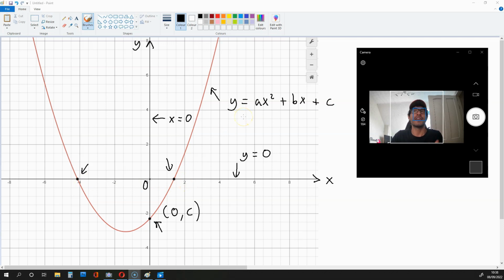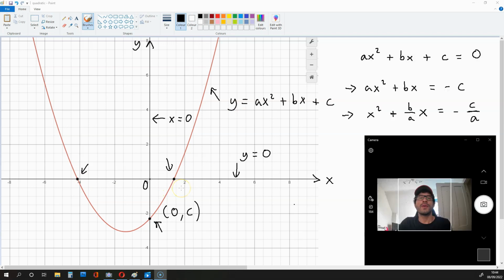We're going to need algebra that's a bit more complicated. So we know that to get the x coordinates of these intercepts, we have to make y equal to 0, because this horizontal line is y equal to 0. Now if we do this, we get ax squared plus bx plus c equal to 0.